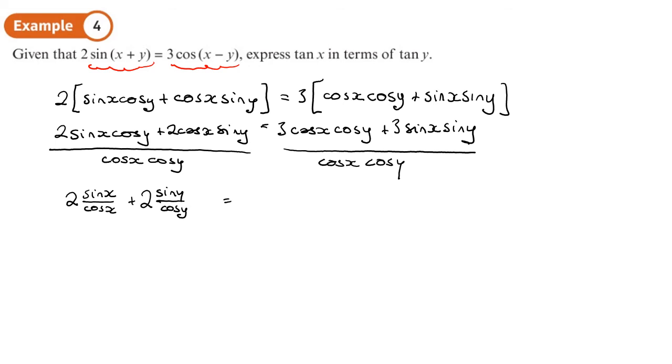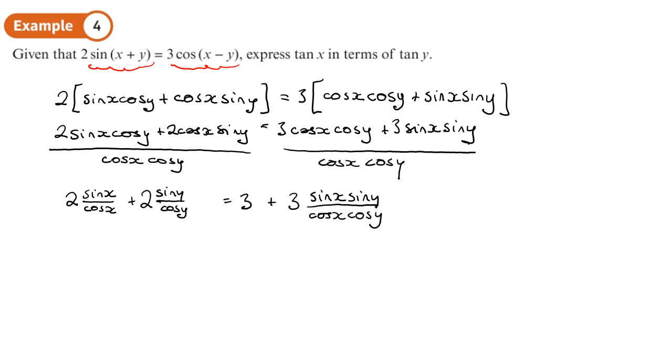On the other side, the first term will just become 3, and then the second term will become 3 sine x sine y over cos x cos y.